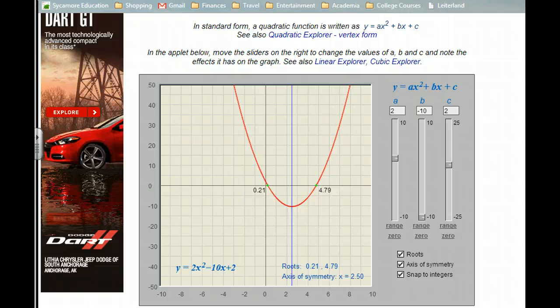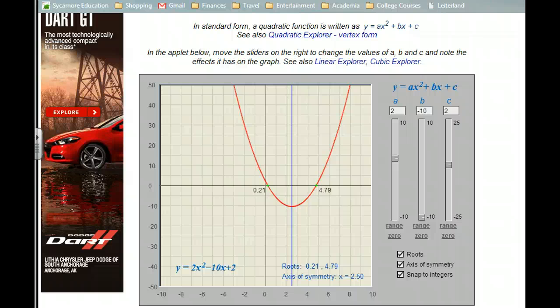So there's a point in there, at the point where a is 0, that it's not a quadratic function. So that A value can never be 0 and be called a quadratic function.